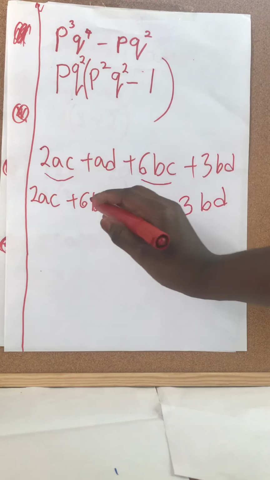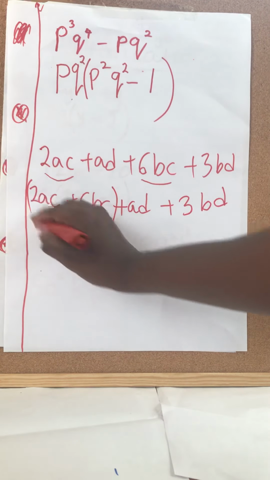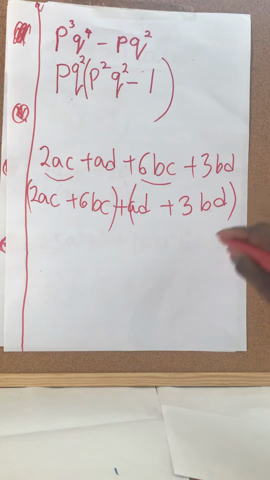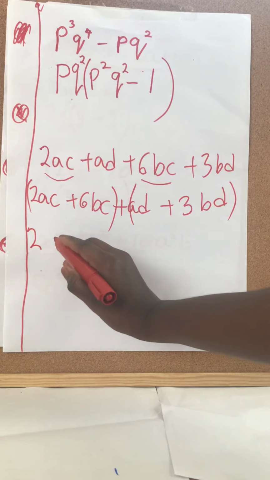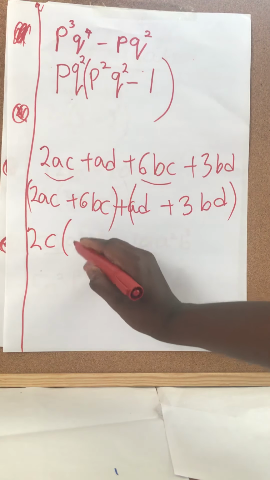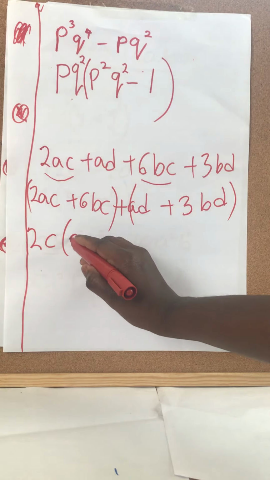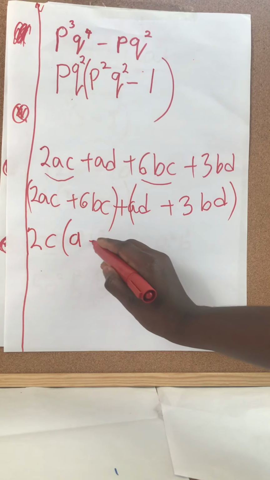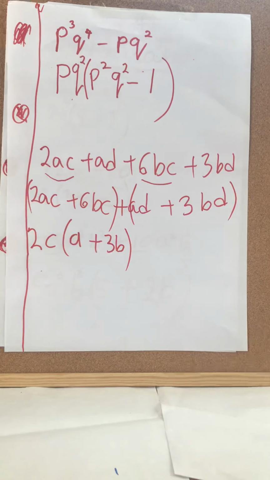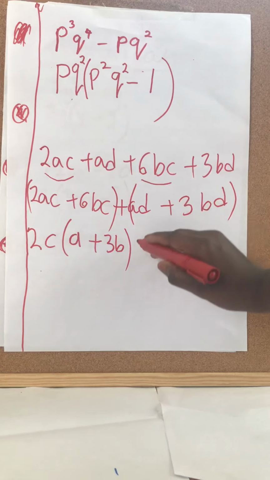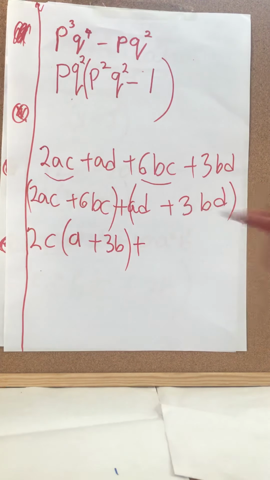Then I'm going to put them in the bracket because I want to simplify them. So I'm going to take out 2, that is common, and then C, so that I'm having A left, and I'm going to have 3B left here. On this part, what is common?